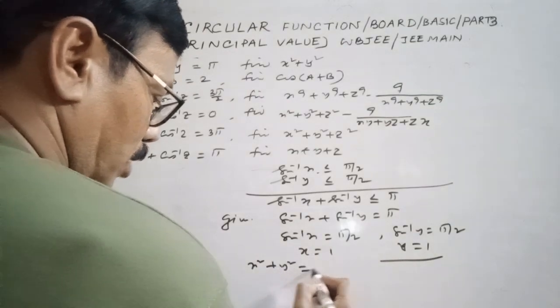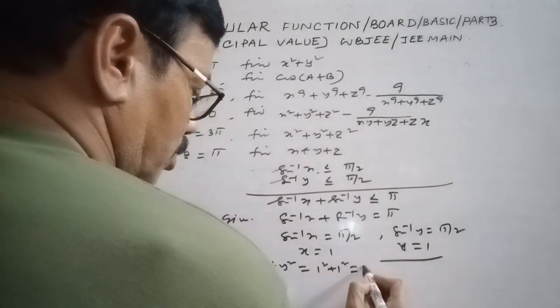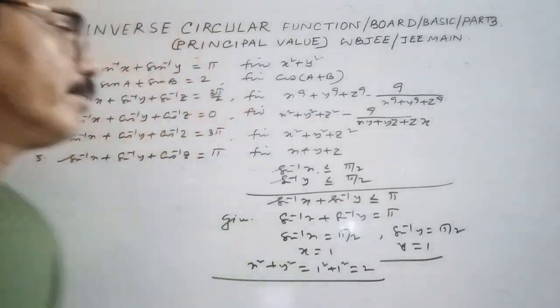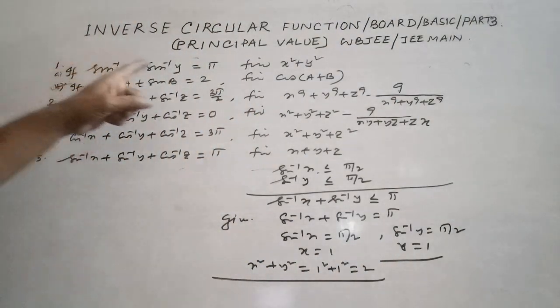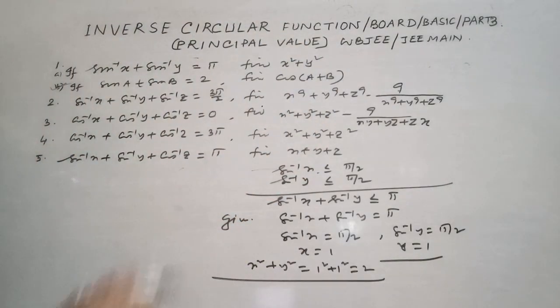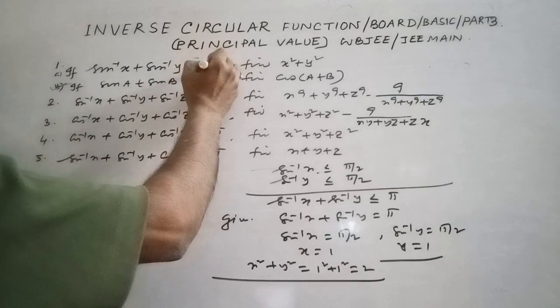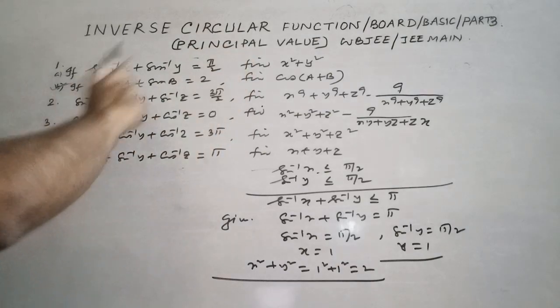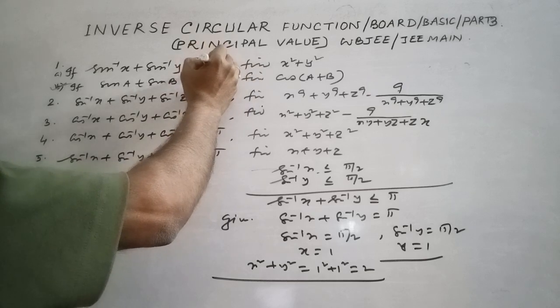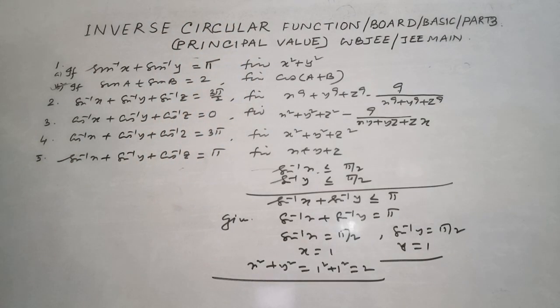So x square plus y square is 1 square plus 1 square, that is 2. Look at the right hand side: if it were, suppose, pi by 2, then you could not find this type of problem. These are possible only for maximum or minimum value.